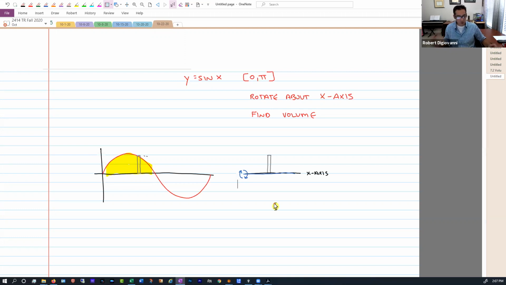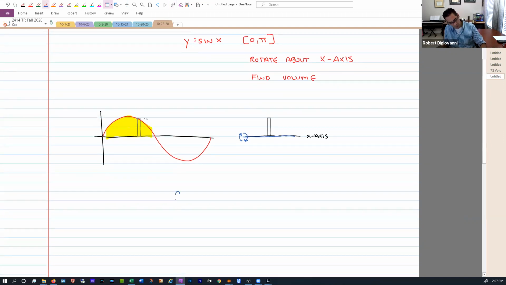Now, we know the formula looks like this. Integral a to b, oh, there's a pi out front. We know that it's the outer radius squared minus the inner radius squared dx. So I just need to know the outer radius. The outer radius, I'm going to type this because I want this burned into your brains.